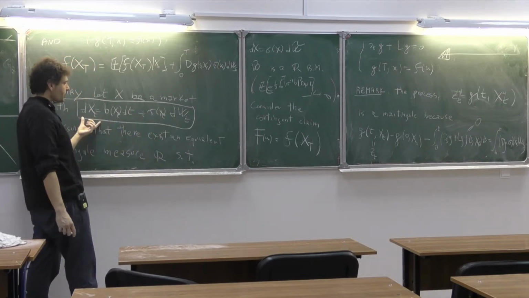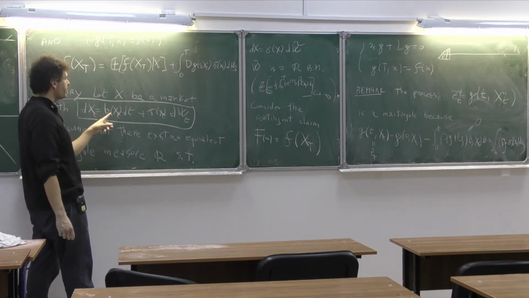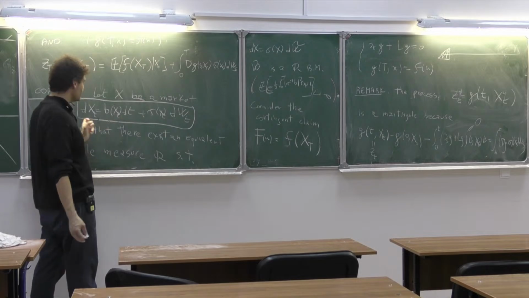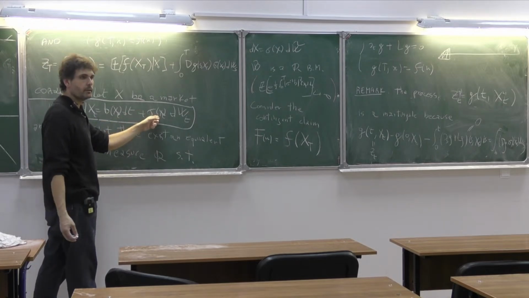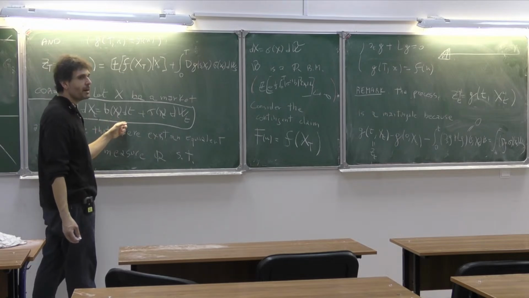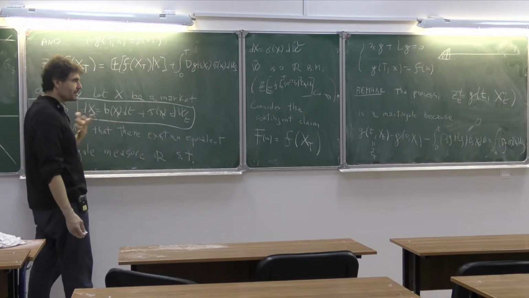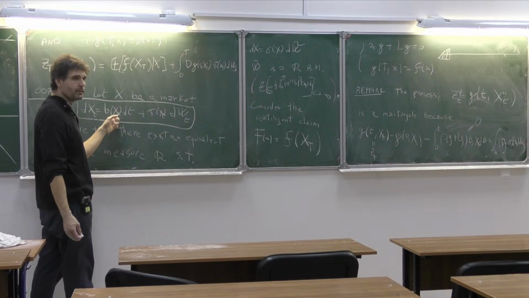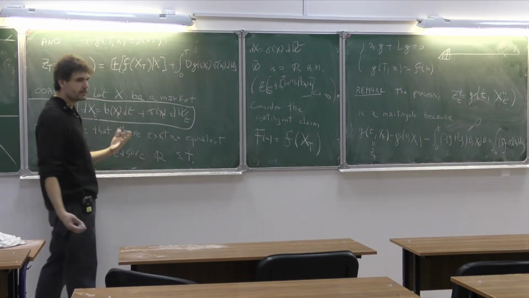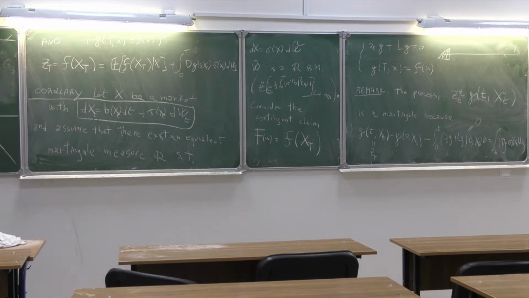This evolution wouldn't be Markov if there were xt and x at time t minus 1 as well, because if I tell you xt and xt minus 1, to predict the evolution you have more information than if you only knew xt. But if dx is just b of xt and sigma of xt, then we will check this Markov stuff a bit more in the future.